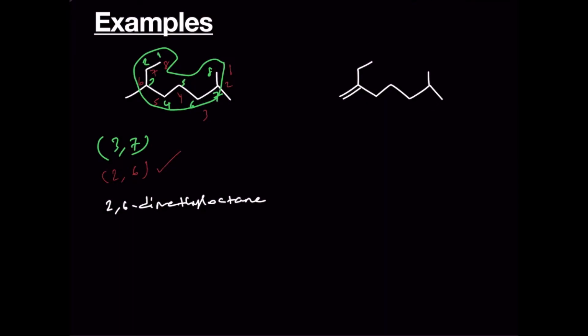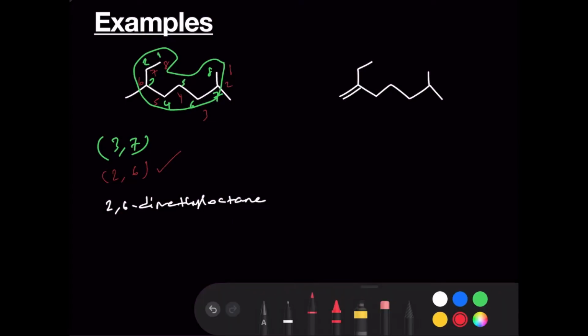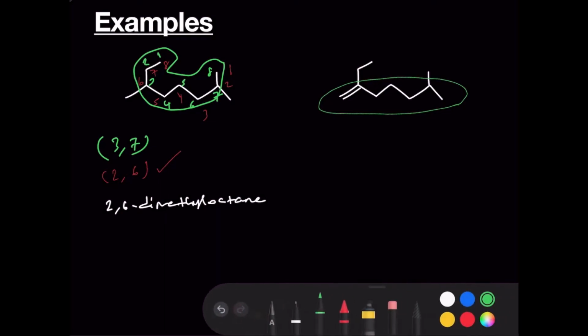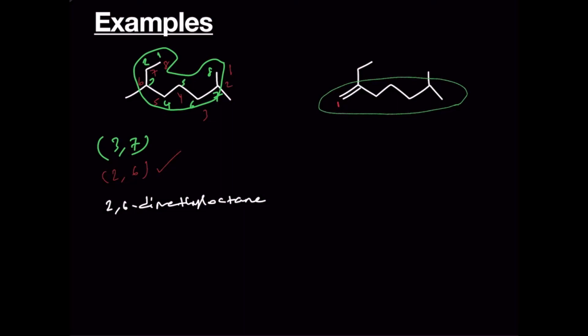Now come to the right hand side. We have an alkene. Can we still choose the 8 carbons as our long continuous carbon chain? No. Now we have to choose this one as our long continuous carbon chain, so that it is inclusive of the carbon-carbon double bond. Now let us do the numbering 1, 2, 3, 4, 5, 6, 7.